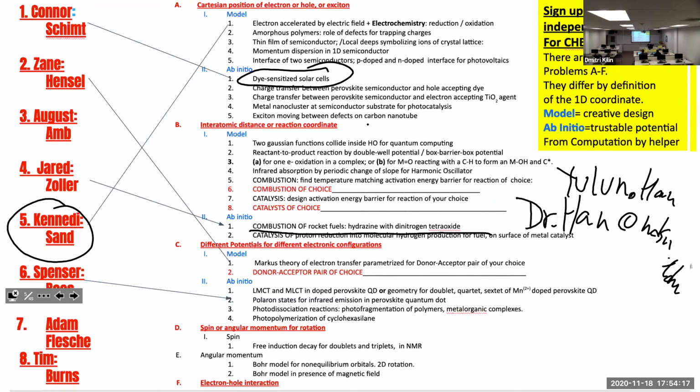He's very reliable and he will provide the potential that you will need to read into the MATLAB code and then basically do the same thing, we run this with different initial momentum. I'll talk to him and we'll discuss.